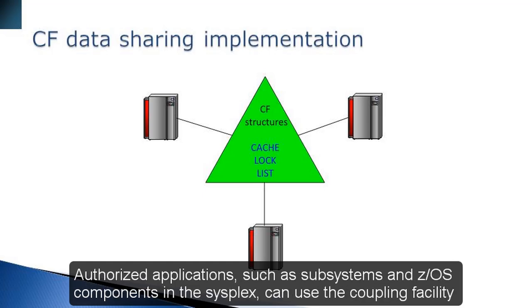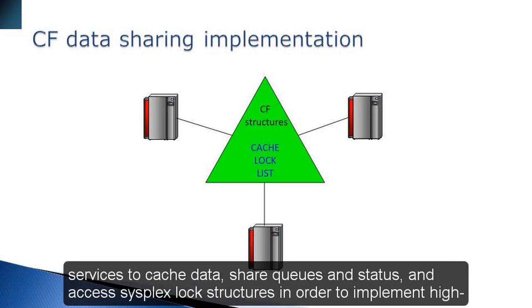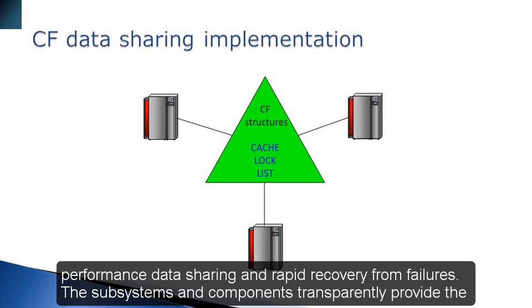Authorized applications such as subsystems and z/OS components in the Sysplex can use the Coupling Facility service to cache data, share queues and status, and access Sysplex log structures in order to implement high-performance data sharing and rapid recovery from failures.